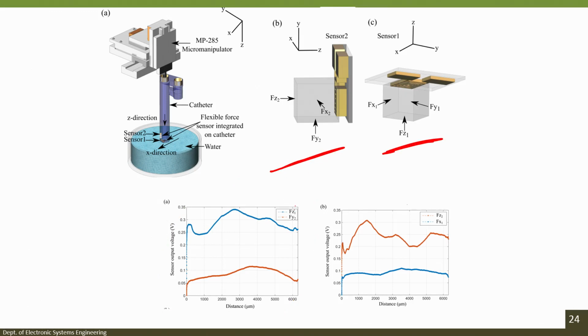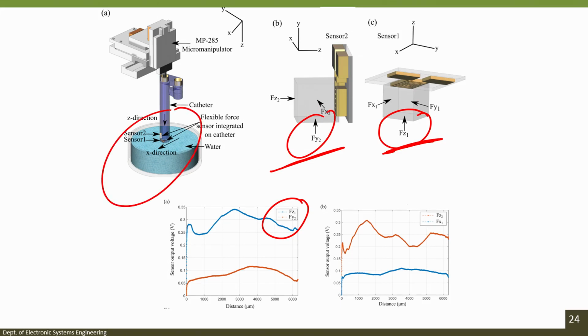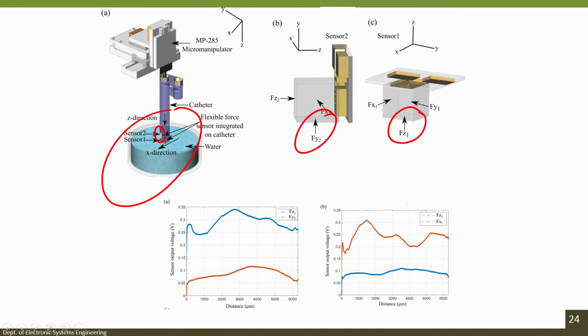FZ1 and FY2 would be the force acting in the z direction, like right here, and when it is acting in this direction, the force acting on FY2 will also be there because of the way we have attached the sensor. One sensor is at the tip of the catheter, one sensor is on the side of the catheter. So, when you are applying a force which is FZ1, then correspondingly FY2 will be affected.